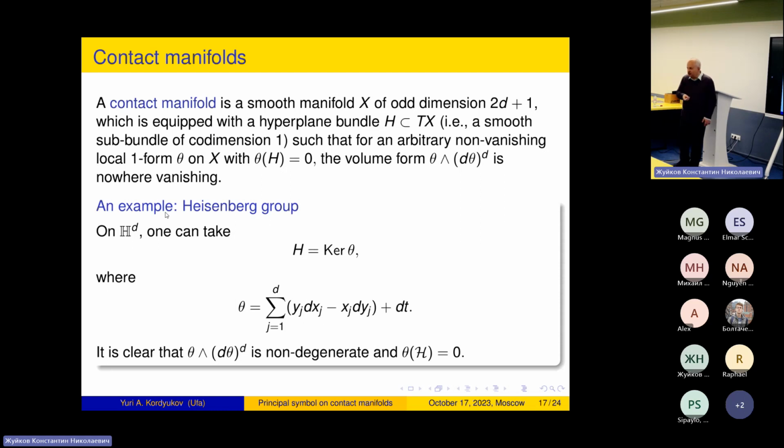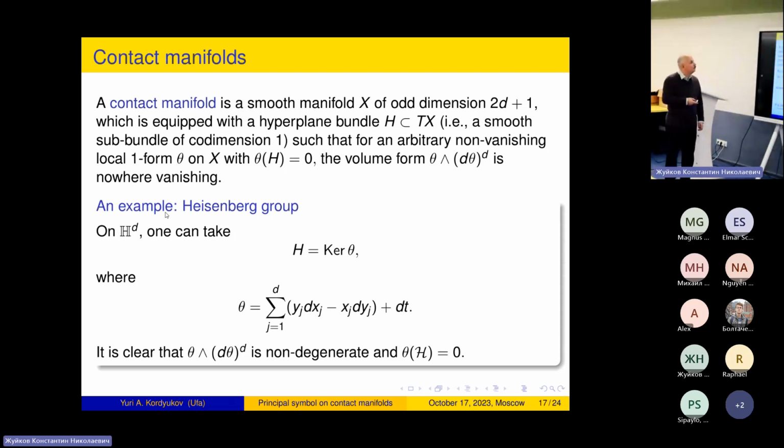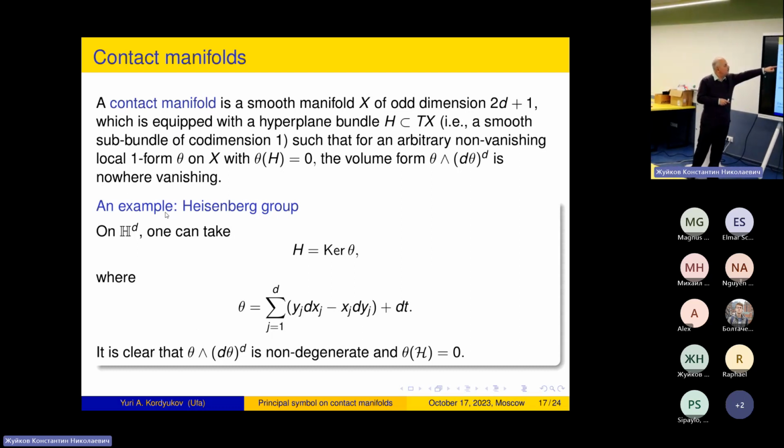And then if we switch to an arbitrary contact manifold, contact manifold means that we have a smooth manifold of dimension 2d plus 1, where we have this distinguished hyperplane distribution or hyperplane bundle, such that it is locally defined by this theta, and theta wedge d theta to the d, the volume form, is nowhere vanishing.